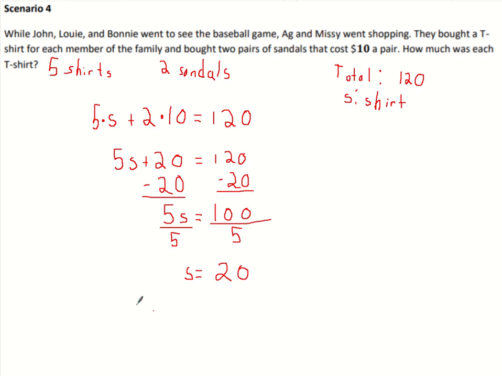So if I were to take my 20 and plug it in here, 5 times 20 is 100, plus 20 is 120. That's always something we can do. If we ever are unsure, if we ever get an answer that we are not sure of, what we can do is we can take our number and plug it into our equation to see if it's going to work.